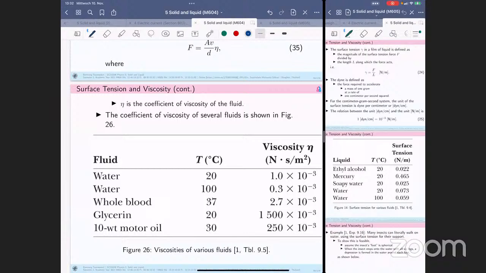So they will have less attractive force, and once they have less attractive force, it means they can move easily. When they move easily, it means its viscosity is not high, it's lower, right? I hope that you would understand this situation.